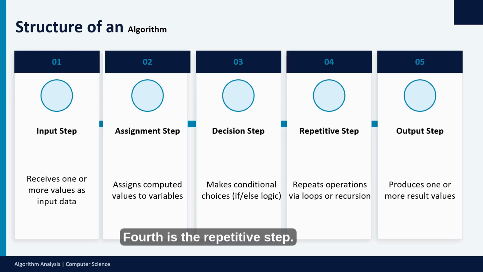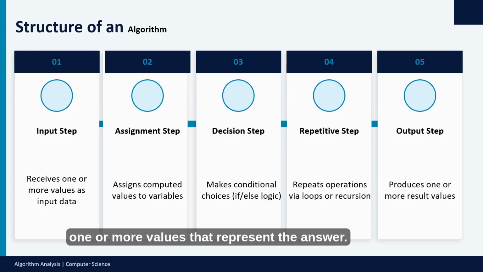Fourth is the repetitive step. Loops or recursive calls that repeat a set of operations until a condition is met. And finally, the output step, where the algorithm produces its result, one or more values that represent the answer. Every algorithm you will ever write or analyze can be broken down into some combination of these 5 fundamental components.